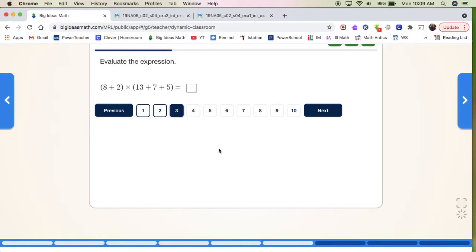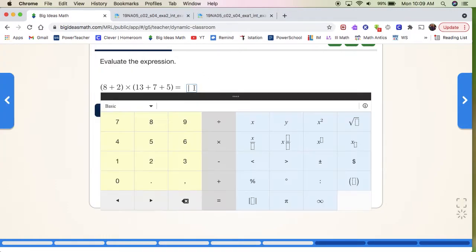We have 2 sets of parentheses. The first one is 8 plus 2, which is 10. It's going to be times whatever 13 plus 7 plus 5 is. So 13 plus 7 is 20, plus 5 more is 25. So 10 times 25 is going to be equal to 250.